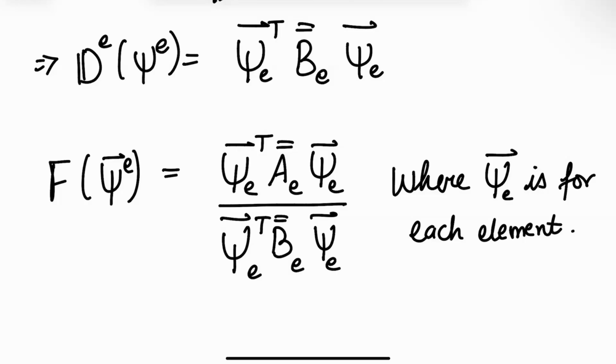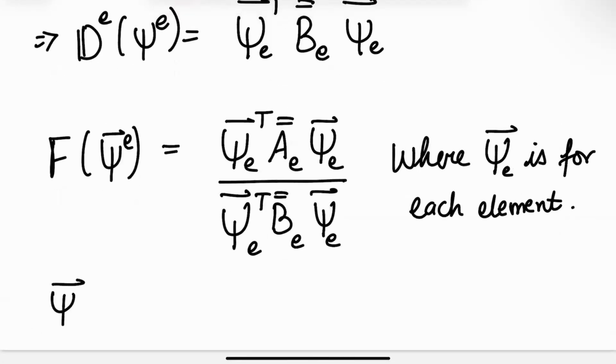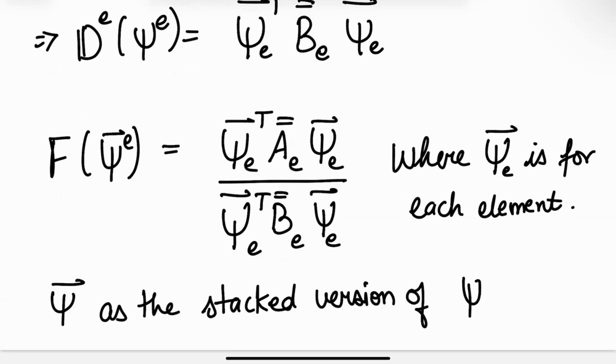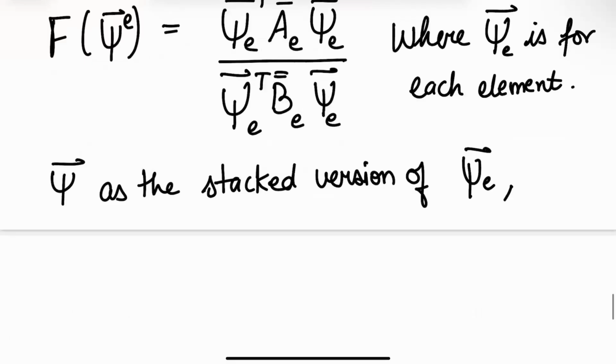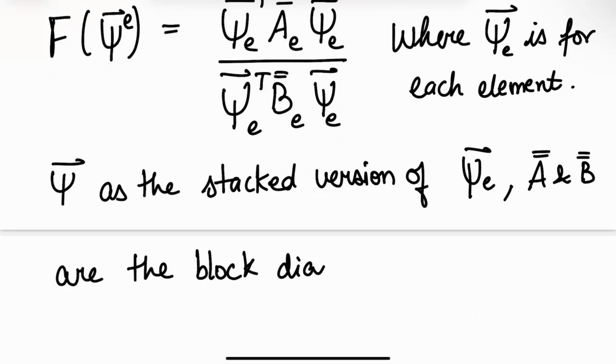But now what we can do is, if I write psi as the stacked version of psi^E. So psi^E is a 3 by 1 vector for i, j, k, or 1, 2, 3 for j equal to 1, 2, 3. And the psi vector is the stacked version. So this is a 3n by 1 vector, what we saw earlier, right? And I can write A and B as the block diagonal forms of A^E and B^E.